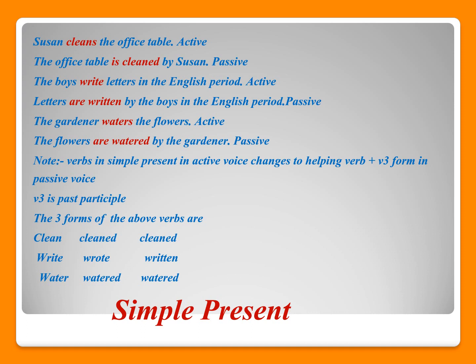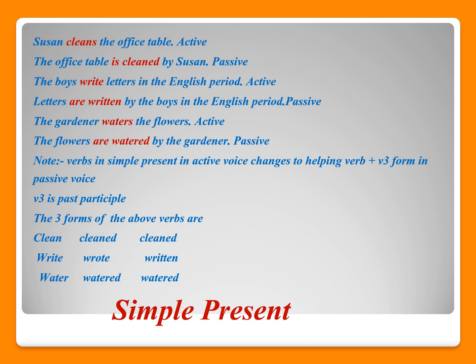Now let us see the note. Verbs in simple present in active voice change to helping verb plus verb third form in the passive voice. Verb third form is the past participle form. The three forms of the above used verbs are: clean is the root word, cleaned is the past tense form, and cleaned is again the past participle form.